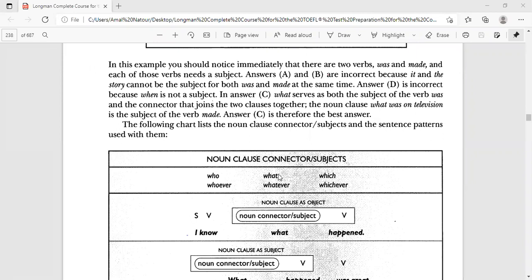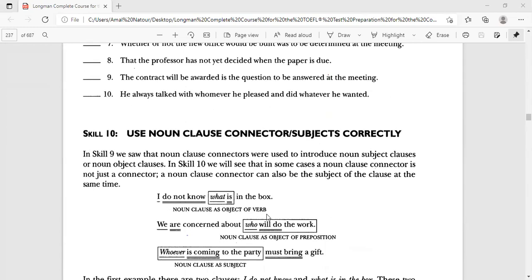Only these. Now, when I use them in a noun clause, let me open it here. بقول in some cases a noun clause connector is not just a connector. هاي هون مثلا احنا عرفنا انه اداه الربط تلعب دور الرابط، تربط ما بين الكلوز الاول والكلوز الثاني، ولكن the noun clause connector does not only play the role of connector. لا، في إلها وظيفه ثانيه.